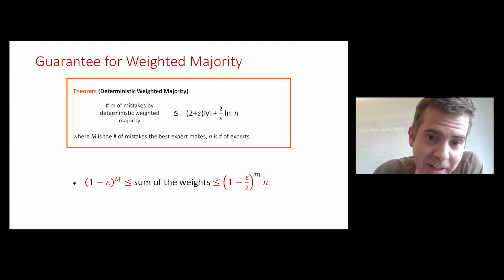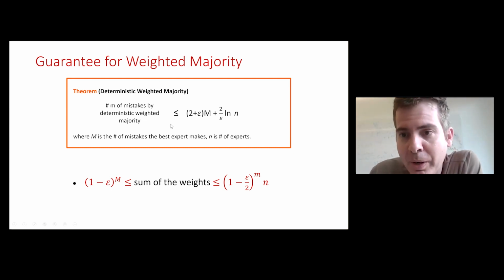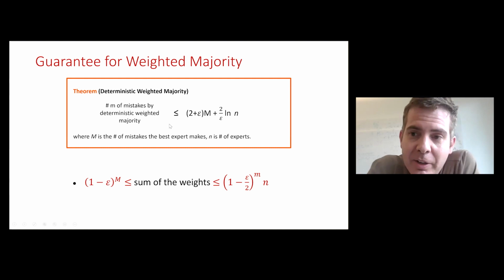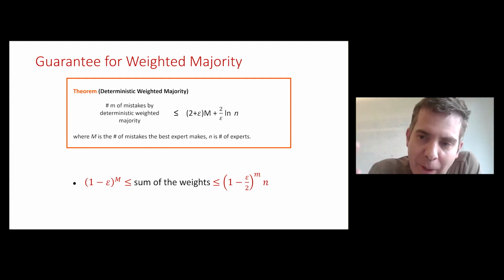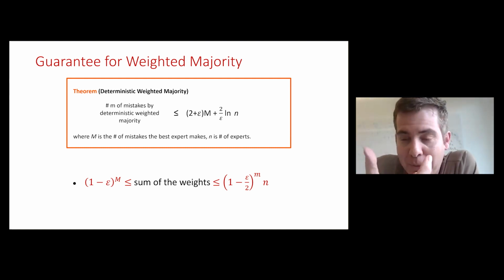And every time you make a mistake, recall that you're going with the weighted majority. So if you make a mistake, what this means is at least half of the total weight that you currently have gets multiplied by a 1 minus epsilon factor.